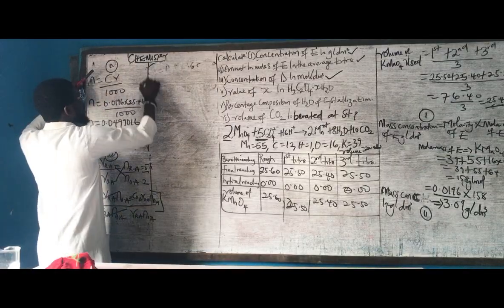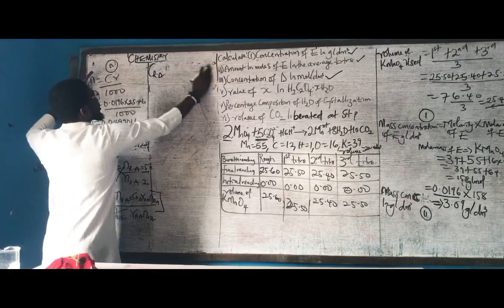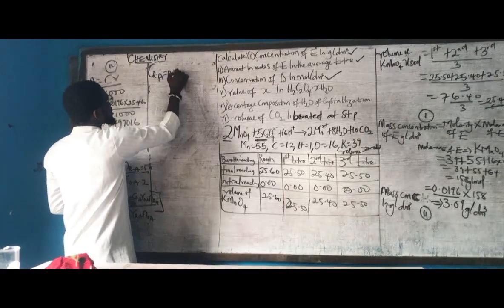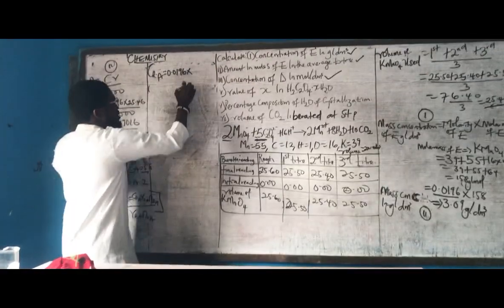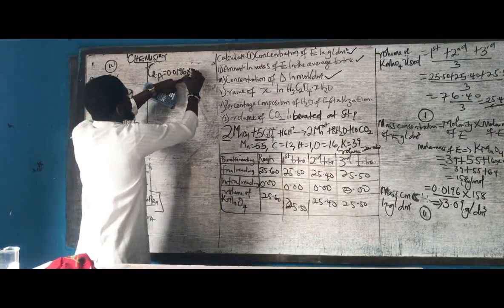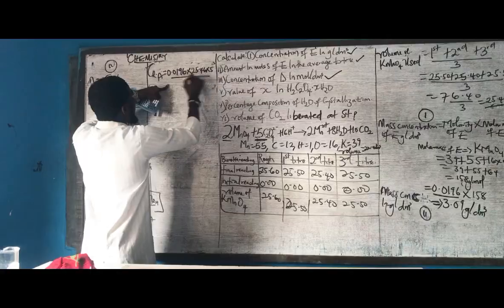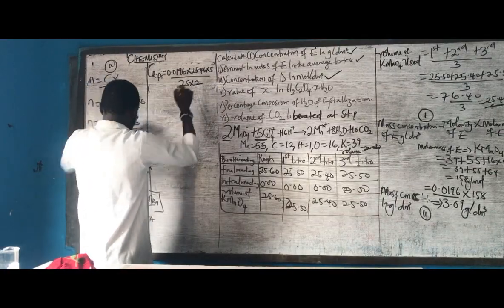So we have this CRA. The value for this is 0.0196 times the volume of OA, which is 25.46, times 5 over 25 times 2.